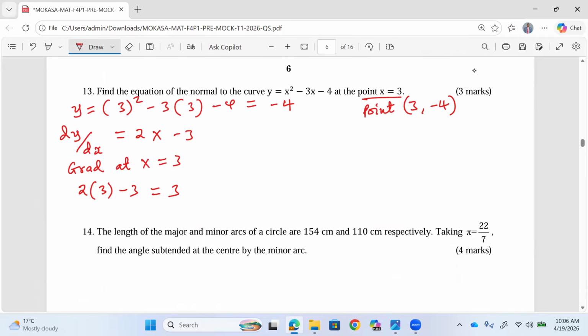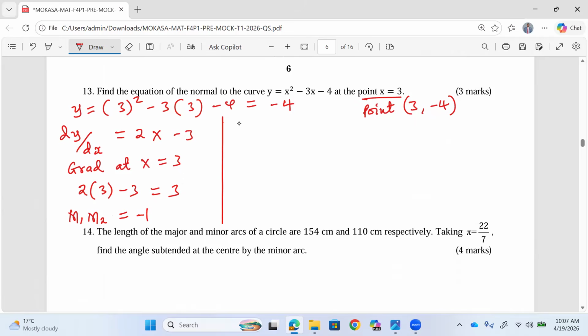Normal is usually perpendicular to a curve at a point. So if the normal is a line that is perpendicular to the curve at a point where the gradient is this, then we can also find the gradient of the normal at the same point by saying that for perpendicular lines, gradient 1 times gradient 2 should give us negative 1.